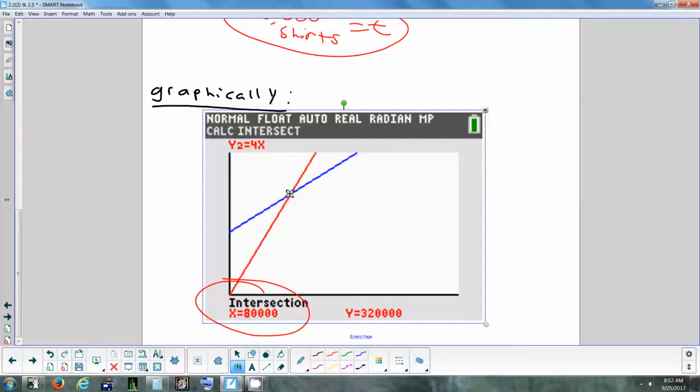Careful. Megan? That's their profit. 320,000 would be their revenue. What's their cost if they sell 80,000 shirts? Leo? 320,000. It's also 320,000, and their profit at that point would be 0.